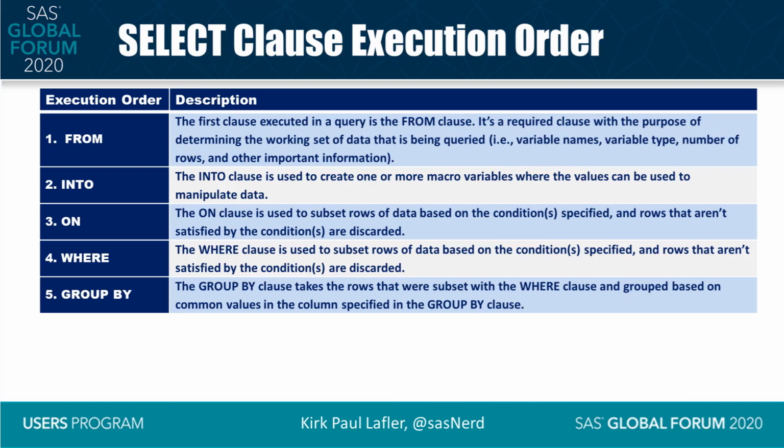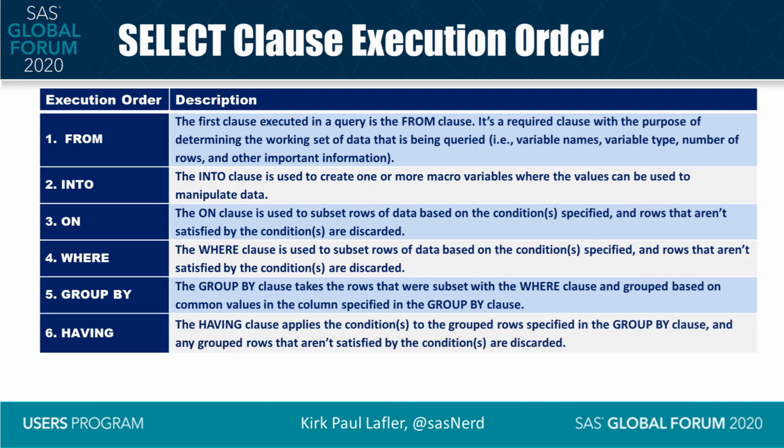The group by clause takes the rows that were subset with the where clause and groups them based upon common values in the column specified in the group by clause. If specified, the having clause is then executed. The having clause applies the conditions to the grouped rows specified in the group by clause, and any group rows that aren't satisfied by the condition are discarded.